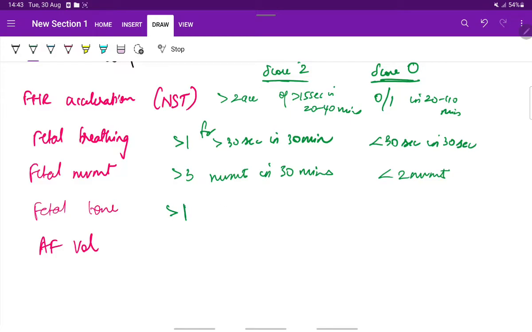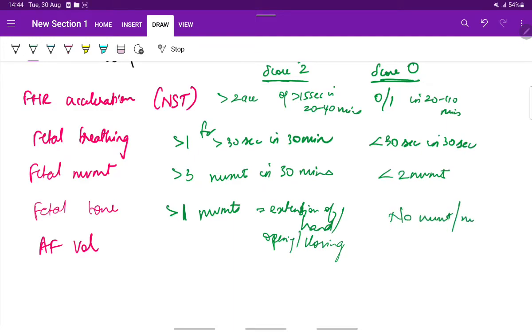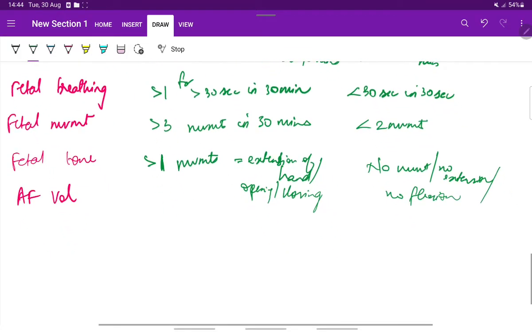So, if there is more than one movement of extension of hand or opening or closing of hand, this is given score 2. If there is no movement or no extension of hand or no flexion, then it is score 0.